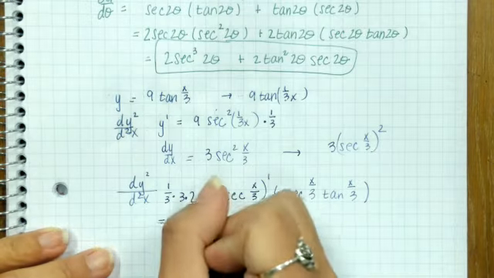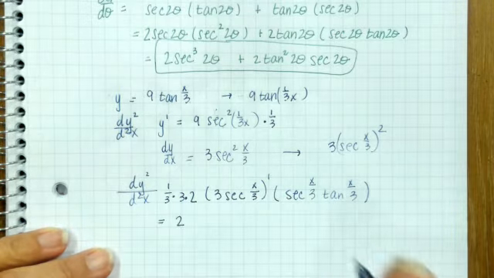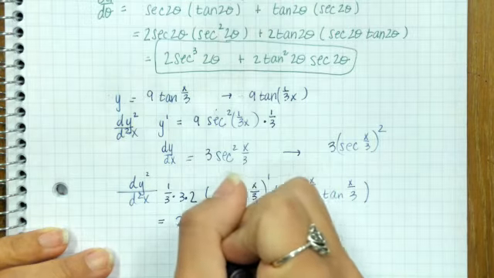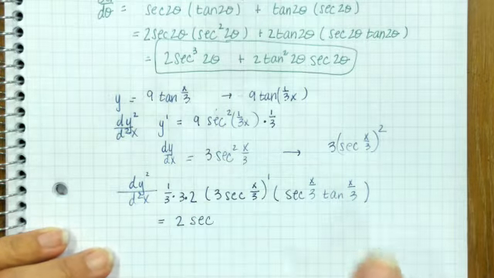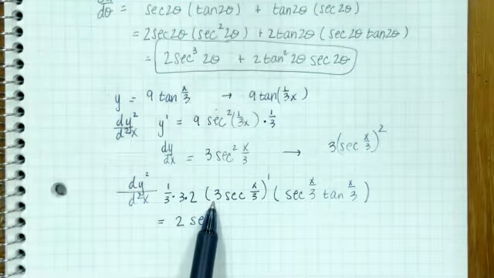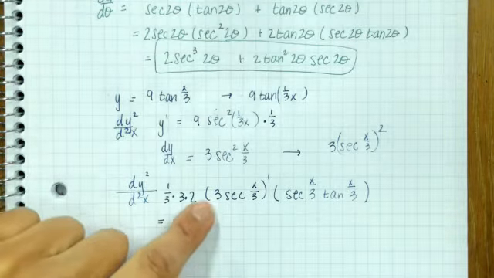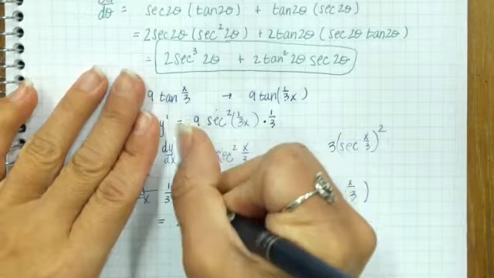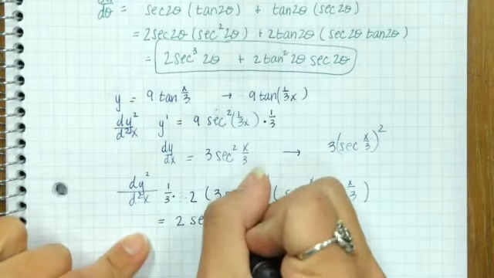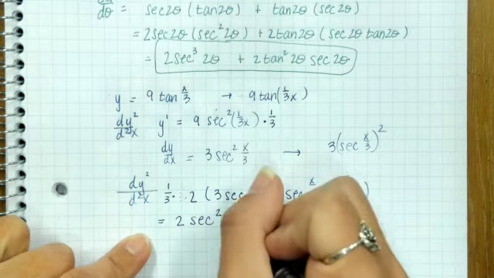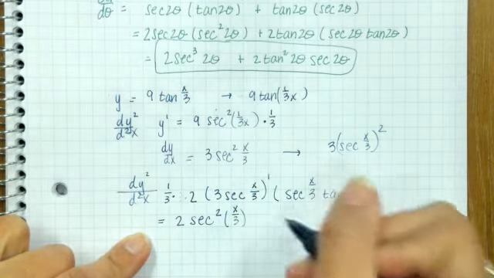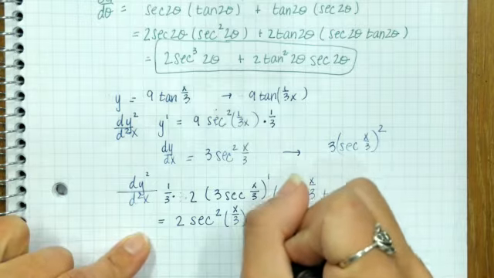I believe this is 2. And you know what? I did not forget the 3. The 3 is right there. So we have 2 secant squared x over 3 times the tangent of x over 3.